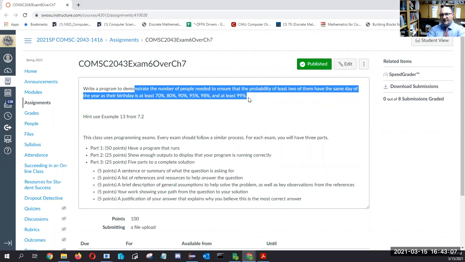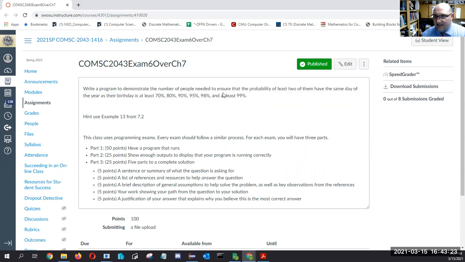All right, so this is a program that demonstrates the number of people needed in the room to ensure those different numbers. All right, so what I'm going to do is I'm going to stop the program there because that does do the calculation for us.